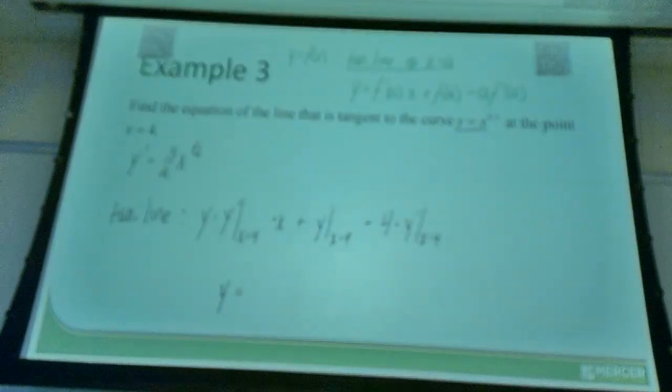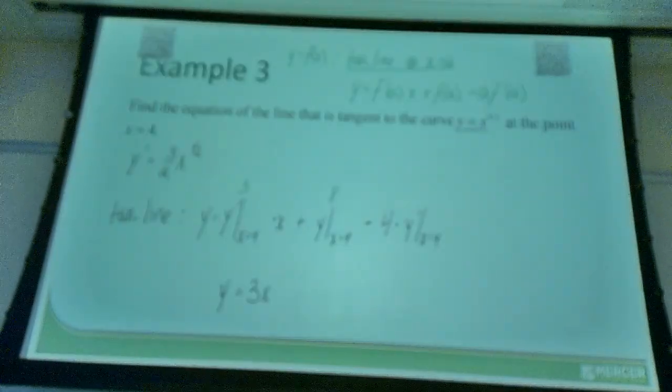What is y prime at 4? What is y at 4? Eight. Is it 8?